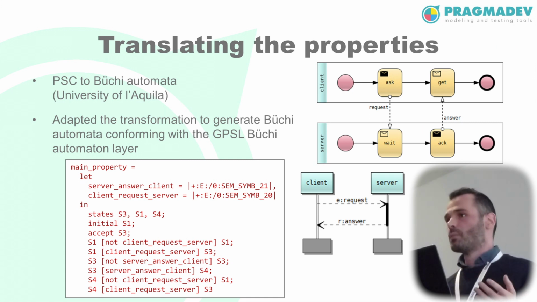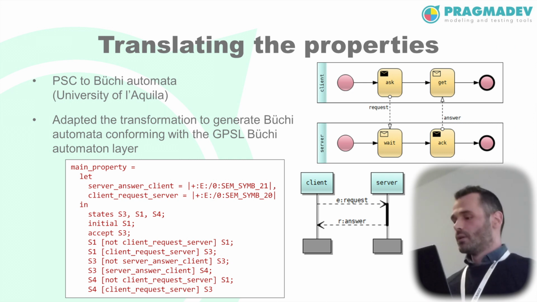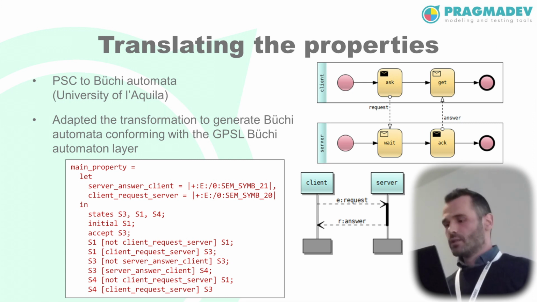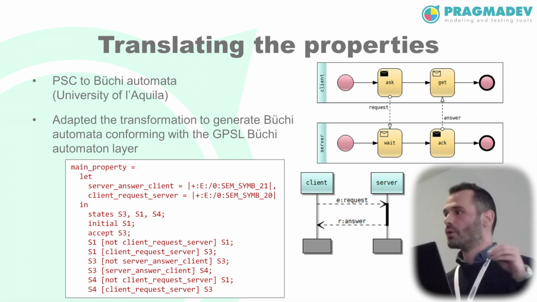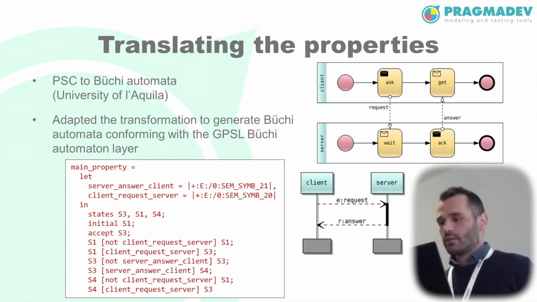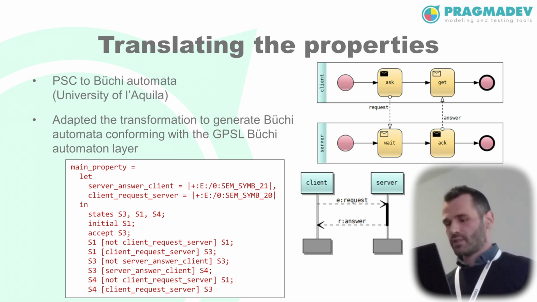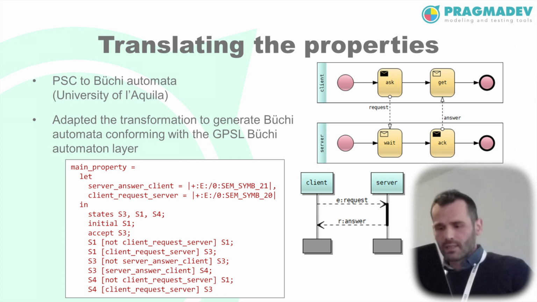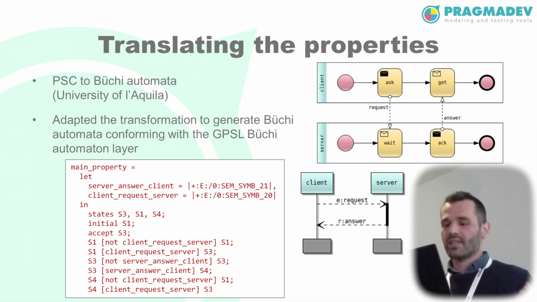GPSL, as part of OBP, is already translated into this automaton layer, so we plugged into this layer from the definition of the property sequence chart. An automaton is composed of a set of states, an initial state, an accepting state or states, and the guarded transitions. This slide shows the generated automaton from the client server example before.